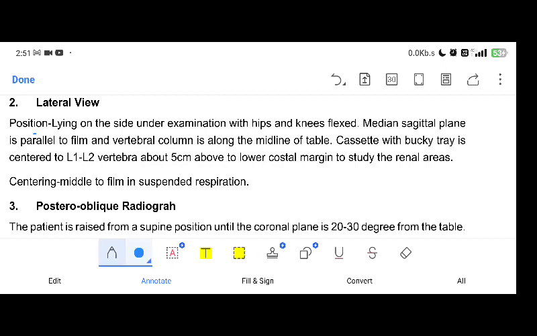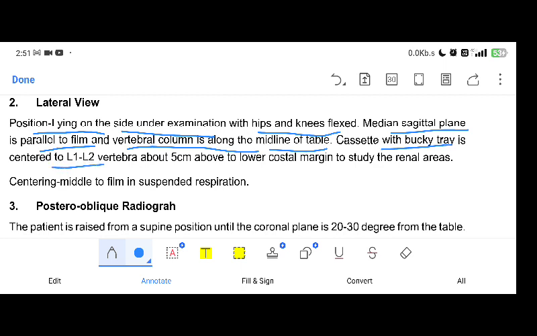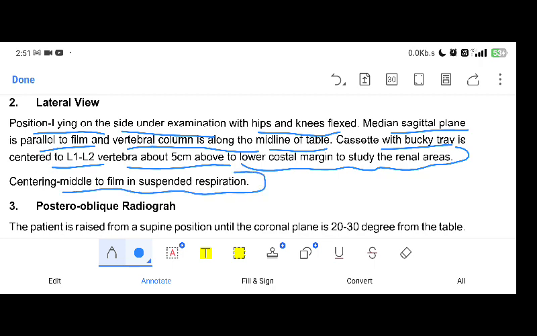Lateral view: position lying on the side under examination with hips and knees flexed. The median sagittal plane is parallel to the film and the vertebral column is along the midline of the table. The cassette with bucket tray is centered to the L1 to L2 vertebra, about 5 centimeter above the lower costal margin, to study the renal areas, and centering is in the middle of the film in suspended respiration.